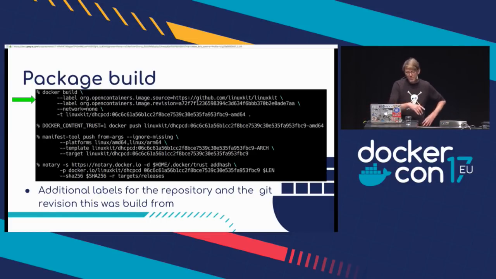That allows us later, when we pull an image, inspect an image, we can find the source code for it. From the source code, we can find out which Alpine base it was built from, and from that we know which versions of which software it was built from. So we have the whole chain of versions basically coded into the packages.